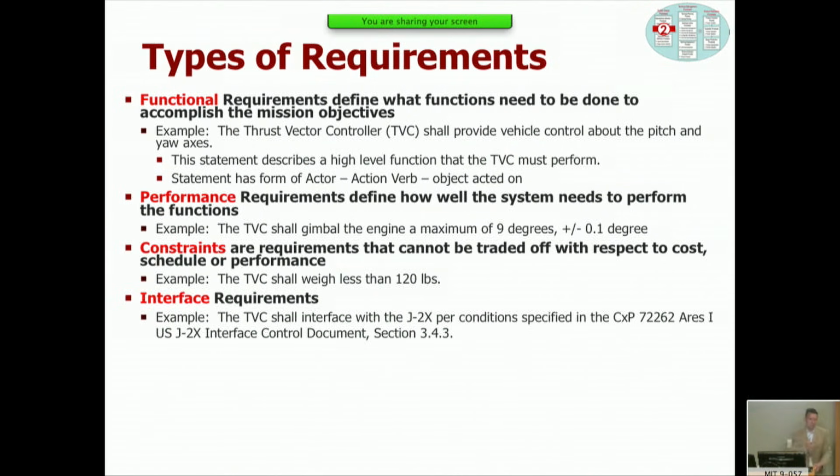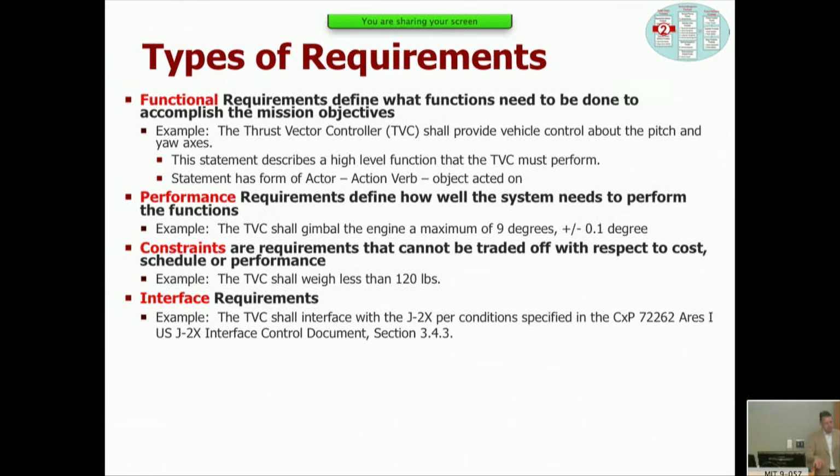The fourth one is what Marissa brought up. This is an interface requirement. So in this case, our thrust vector controller shall interface with the J2X. The J2 is a very famous engine, and J2X was written during the Constellation program at NASA, the idea of a new generation of the J2 engine.